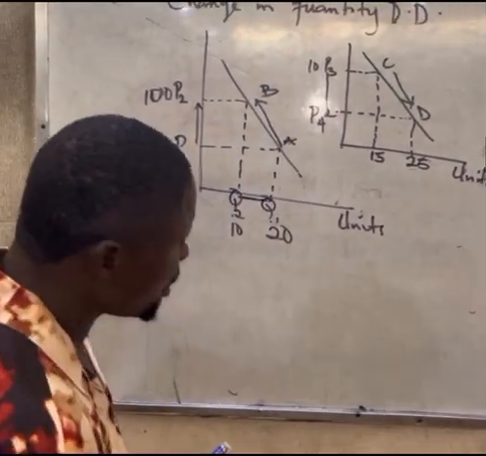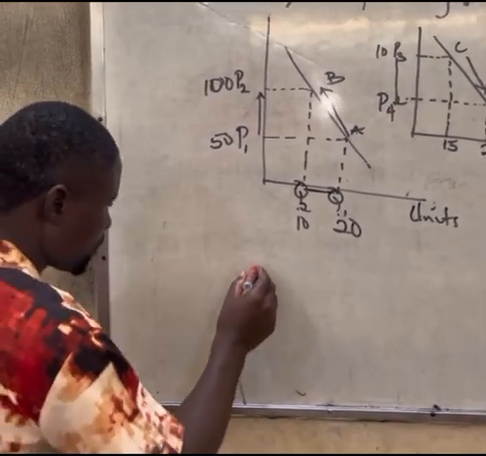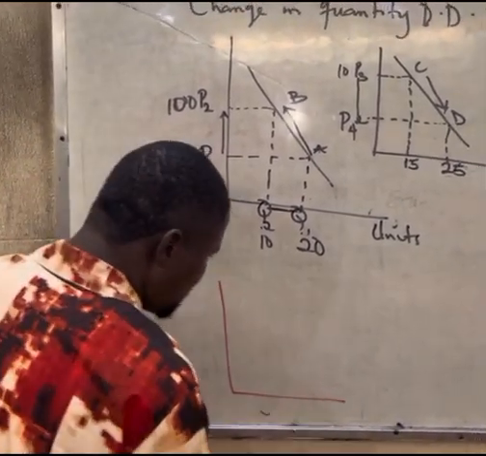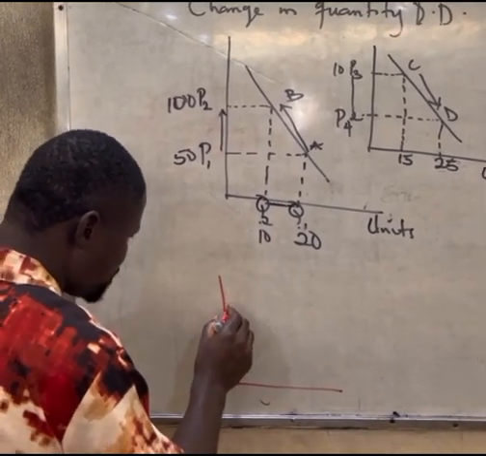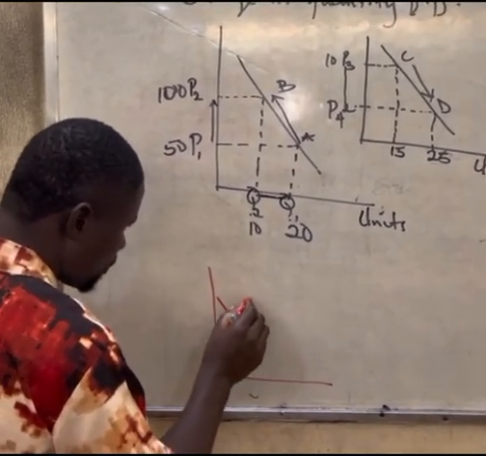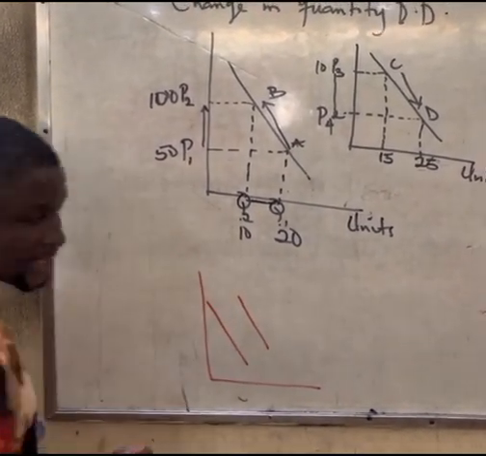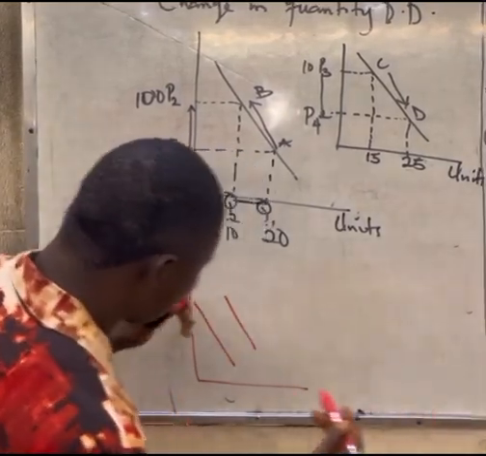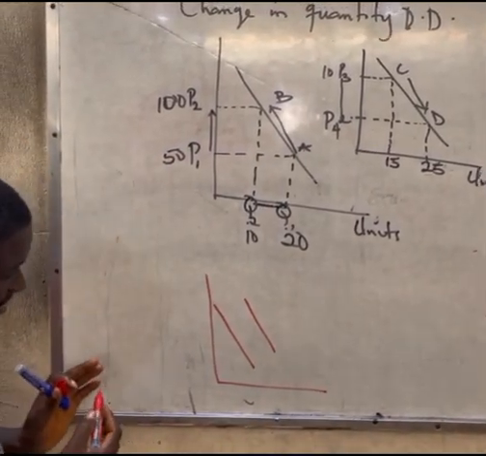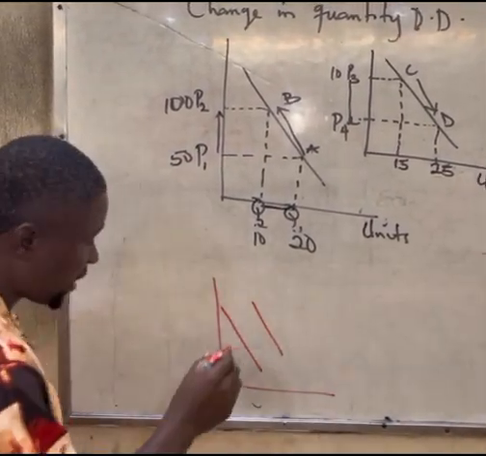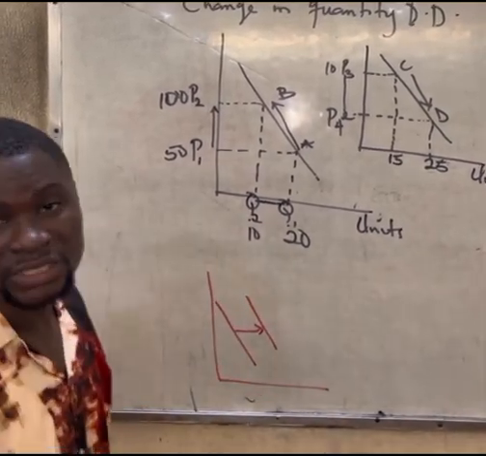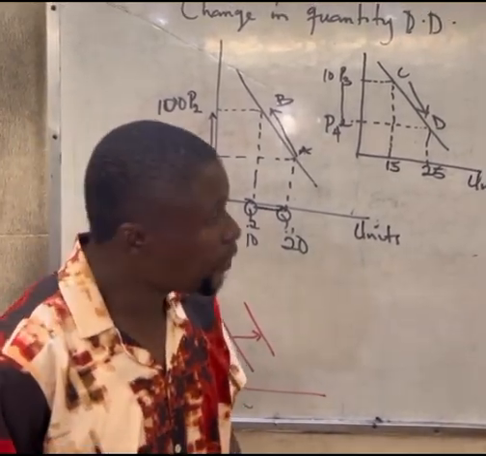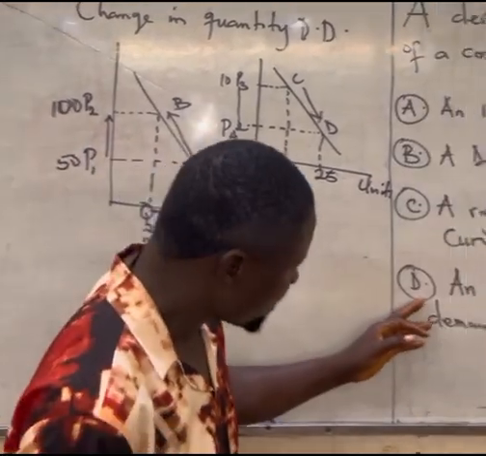When we are talking about change in demand, it is a bodily shift from its original position to another position. It can be an outward shift or an inward shift. When it's a shift outward, it's called an increase in demand. But when it is an inward shift, it's called what? Decrease in demand.